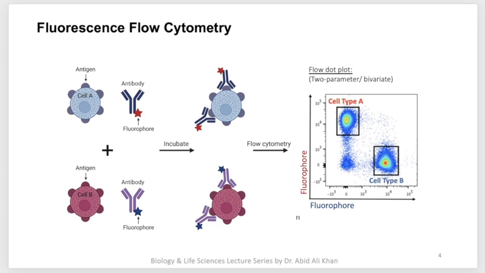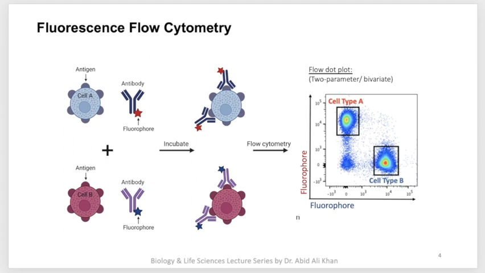We want to see how many cells A and how many cells B have these antigens present. So it could be an example of diagnostics. If this antigen is present on cell A and cell B, this means either the presence of a particular cancer or any other pathological condition.